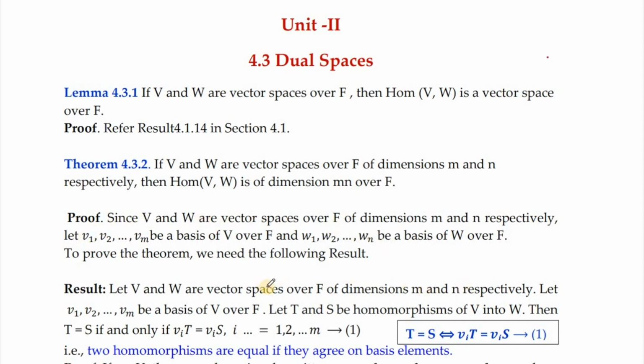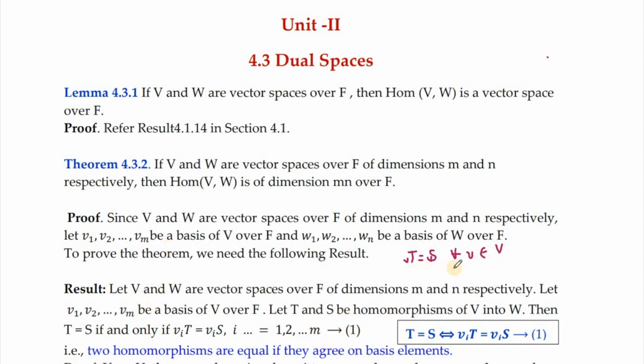Now before we actually prove the theorem, in order to establish the equality of two mappings, we know that equality of two mappings can be achieved by showing that their images are equal. For the mappings to be equal, we need to have the images to be equal. This is known to us already. But now for homomorphisms defined from a vector space of finite dimension to another finite dimensional vector space, instead of having it for a general v in capital V, it is enough that they agree on basis elements.